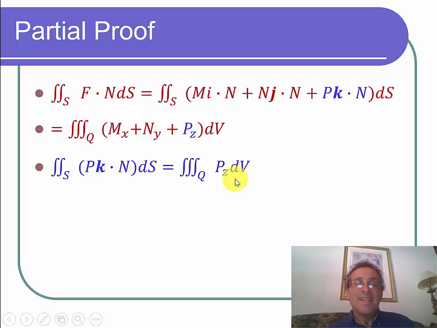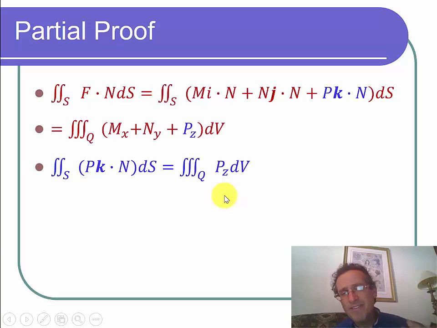Not only does the full surface integral equal the full triple integral, each of the components equals each of the components. So I'm going to look at the z component, or the third component of each side.